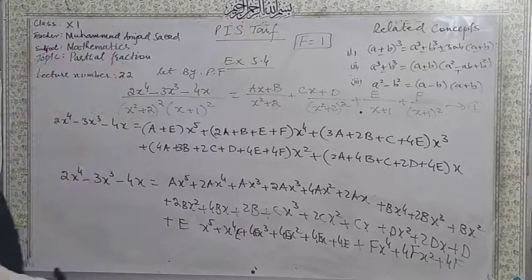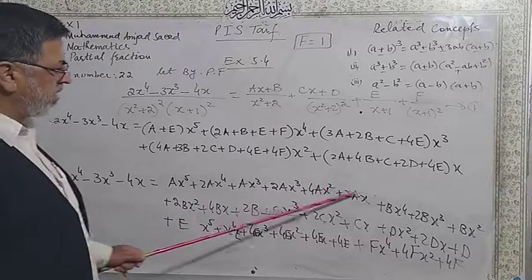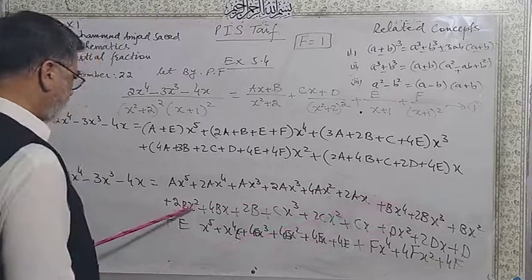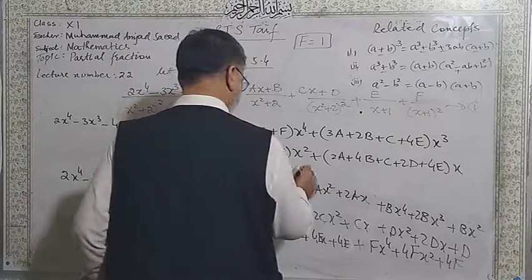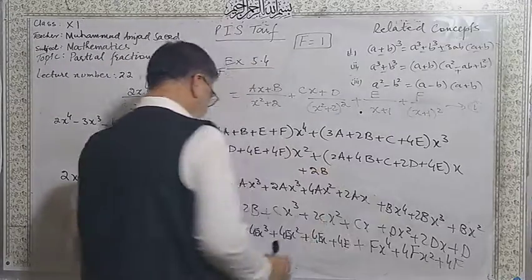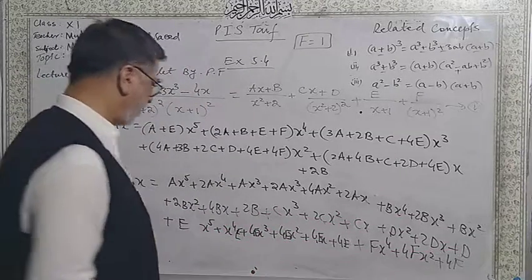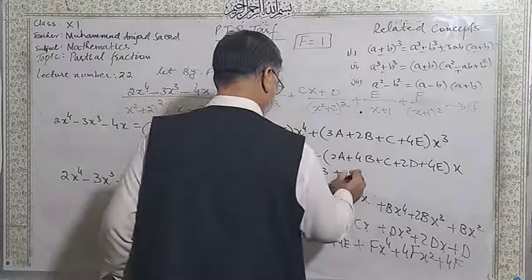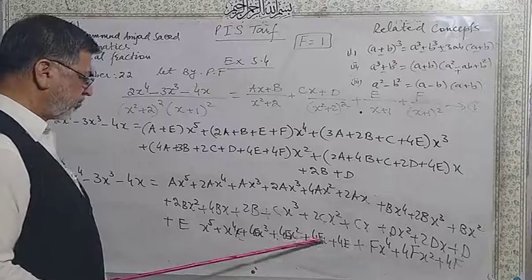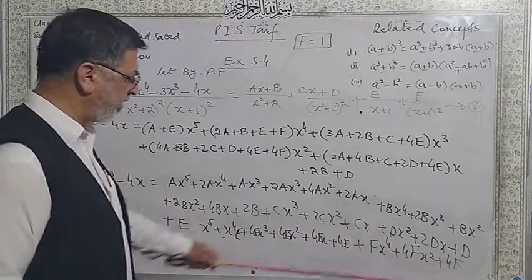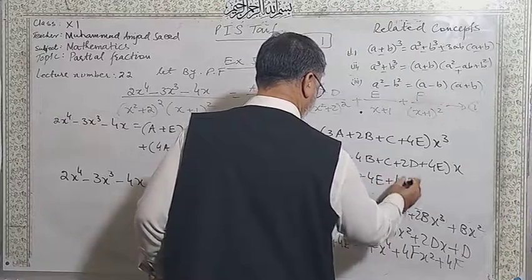After that, we will write down the constants. This is 2b plus 2b, then plus d, plus 4e plus 4f.